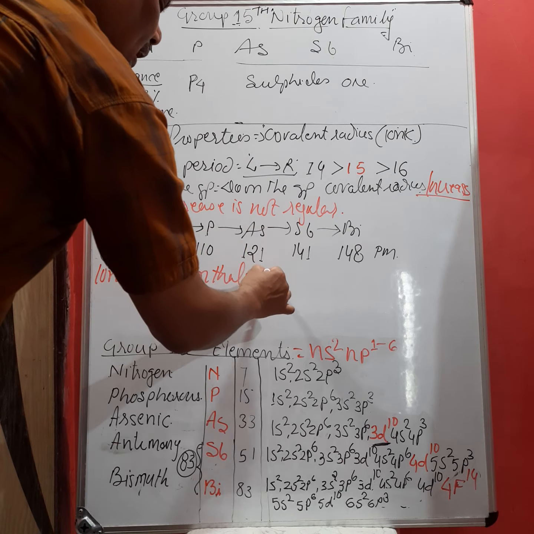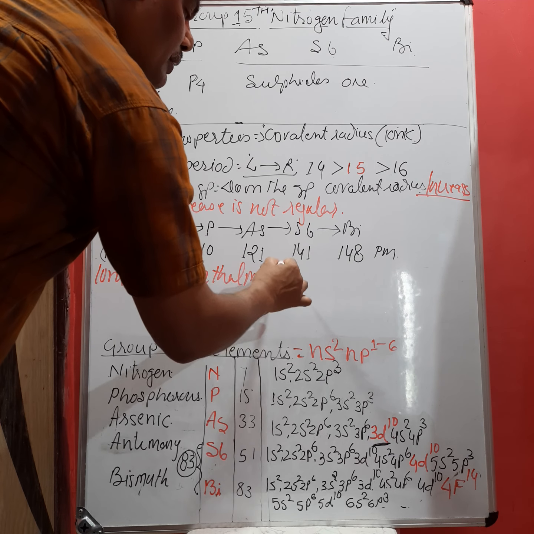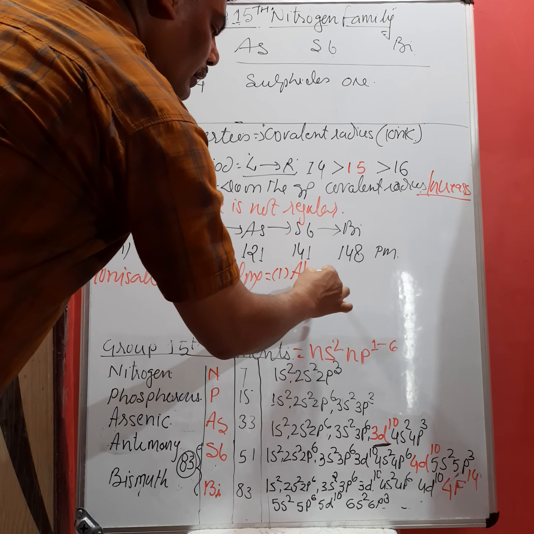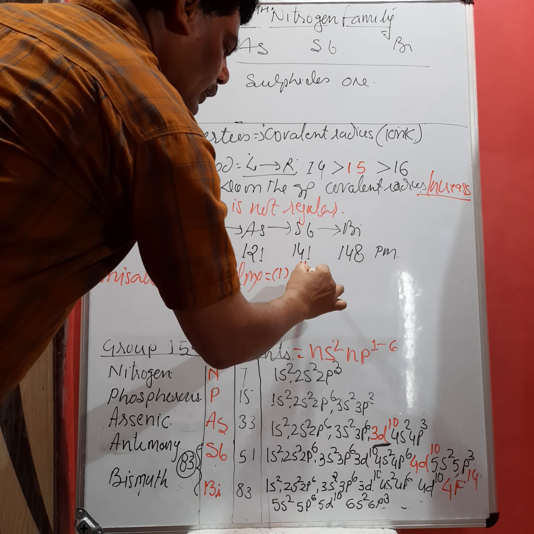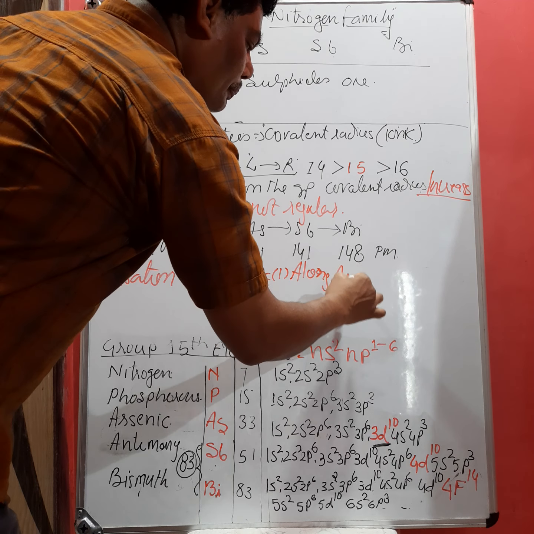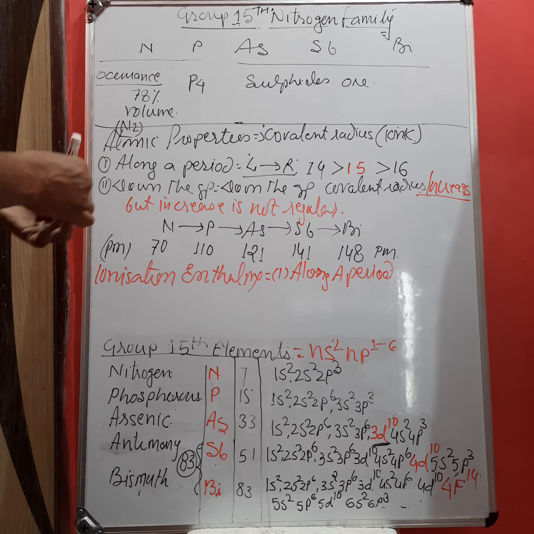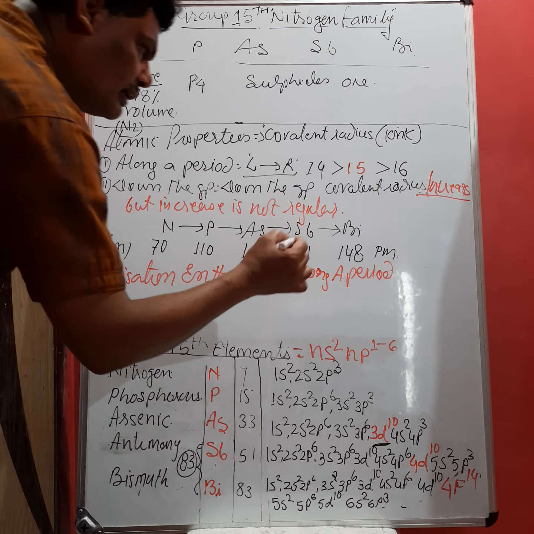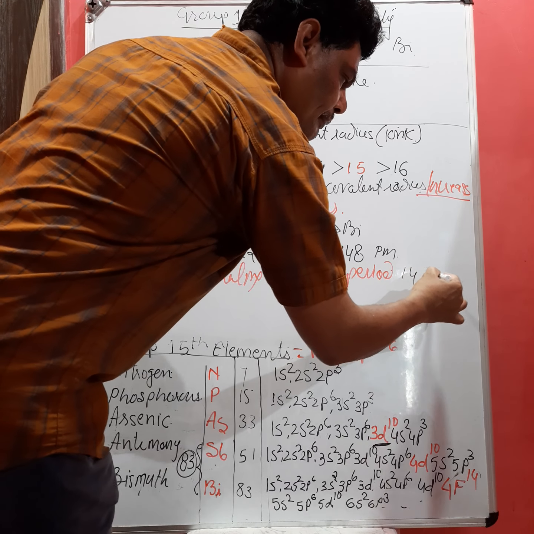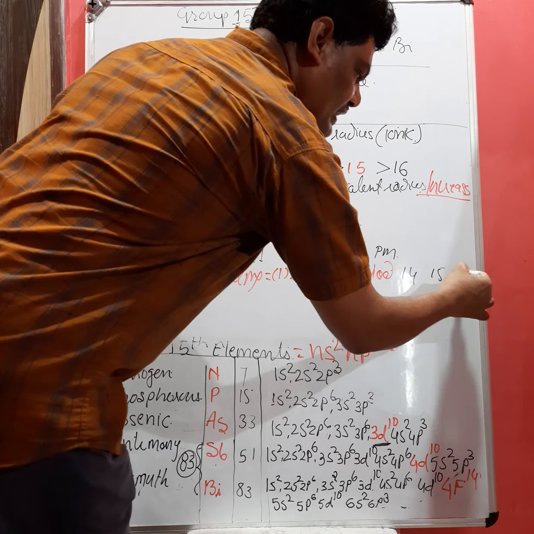So again, in ionization enthalpy, very first we will discuss along a period, that is on moving from left to right. So we will judge here three groups: 14, 15 and 16.